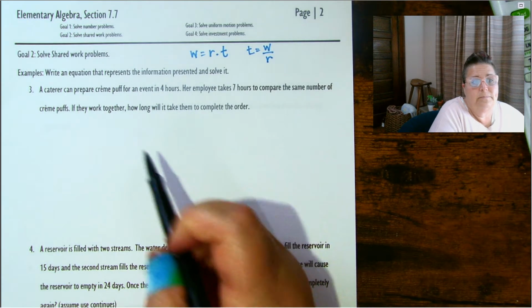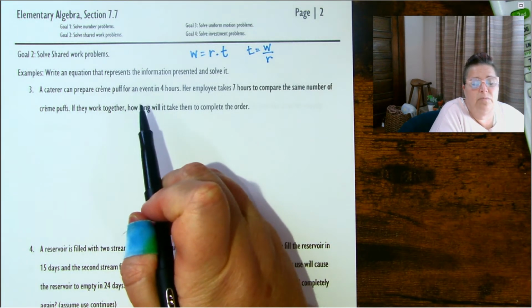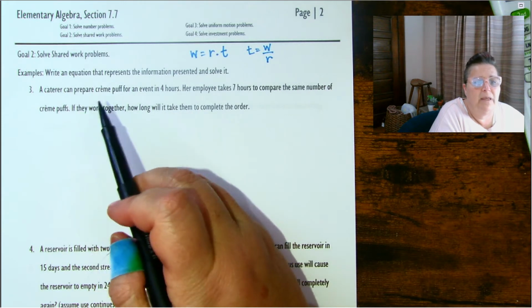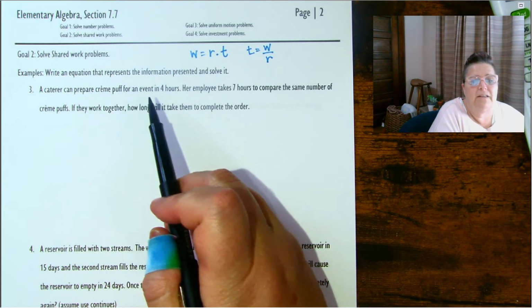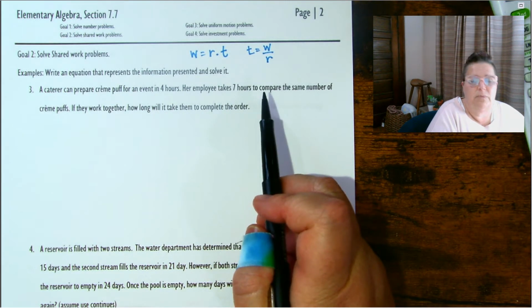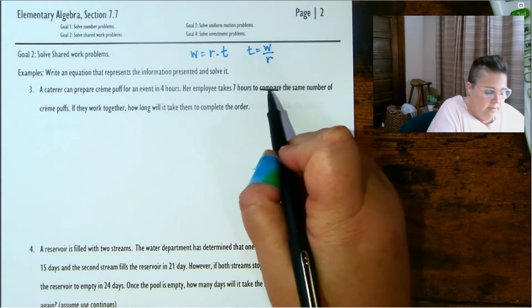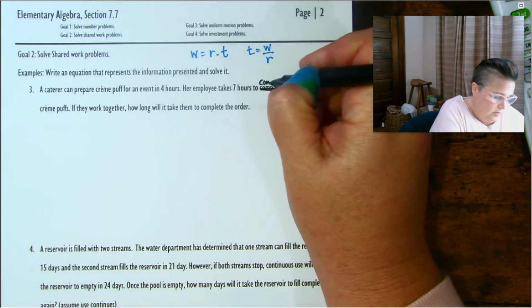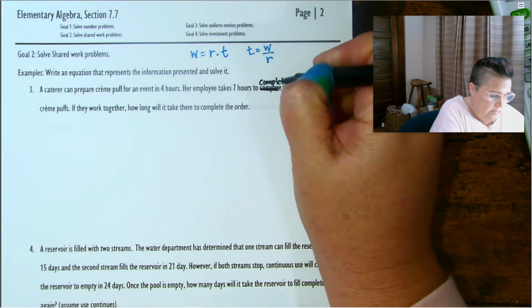So the caterer can prepare cream puffs for an event in 4 hours. Her employee takes 7 hours to complete the same number of cream puffs.